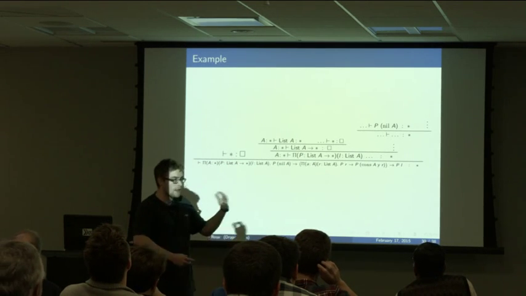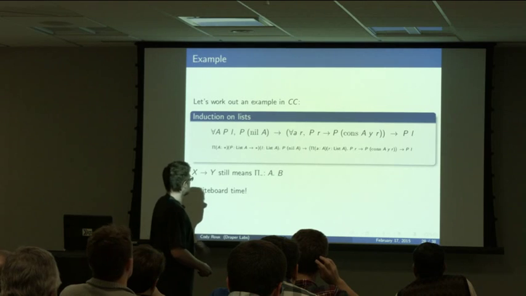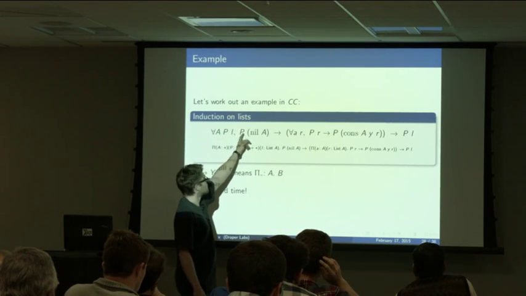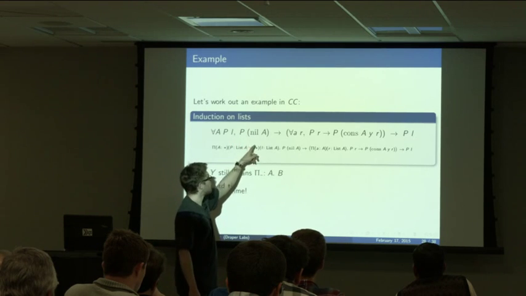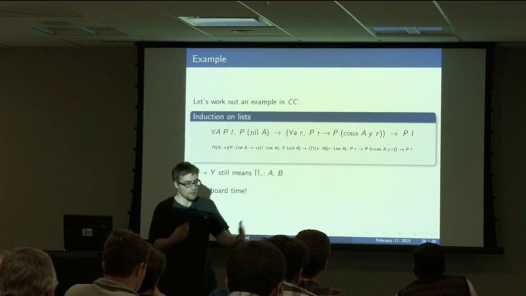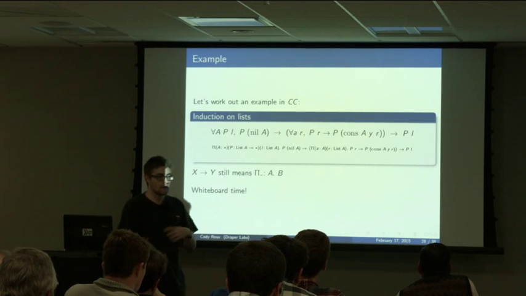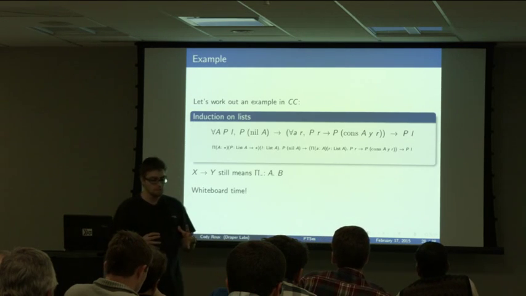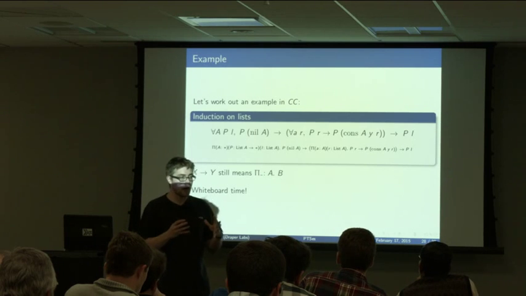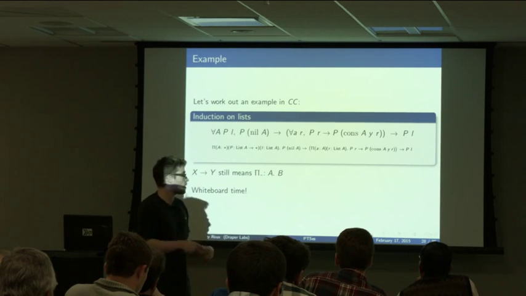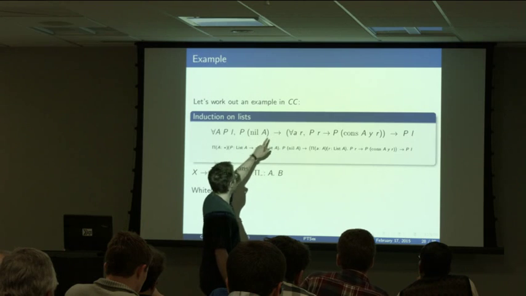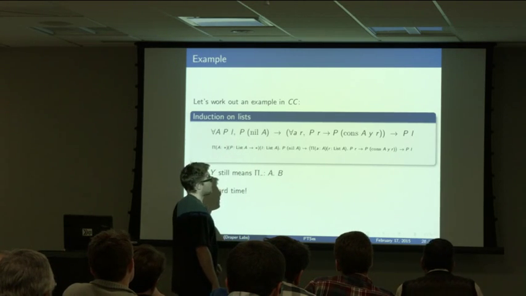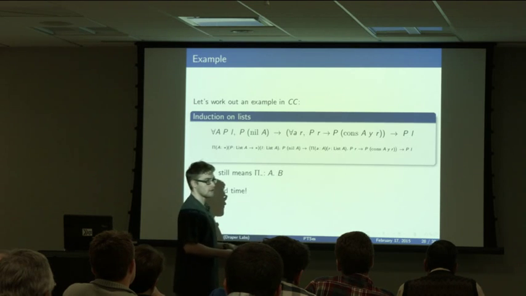If I want to type this induction principle that quantifies over all predicates, that's a dependent predicate, and it has this nil a. If you want to be able to write down things like that, you need all these different kinds of quantifications. It's a single quantifier, this pi, but I can use it in different ways. I can use it to make these arrows, I can use it to make these foralls, and I can use it to form these dependent types.